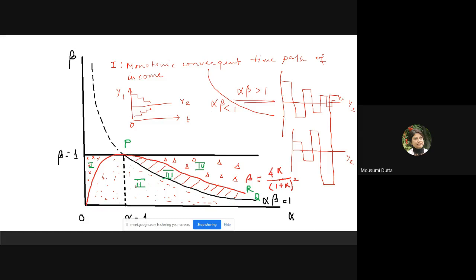If you look at this rectangular hyperbola, the zones above this border line have alpha beta greater than 1, that is beta greater than 1 upon alpha. So zone 3 is above the line alpha beta equal to 1, and hence in this zone we have the condition beta greater than 1 upon alpha, isn't it? Yes, ma'am. Thank you.